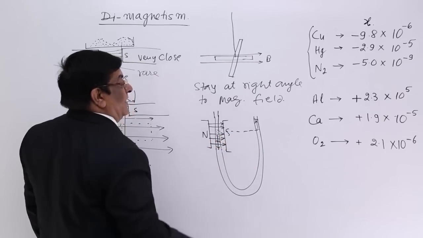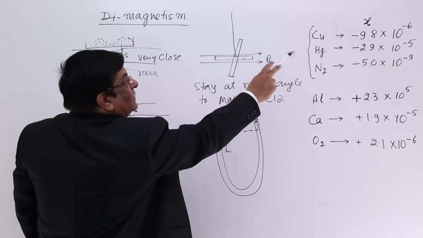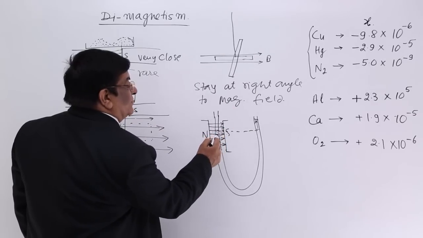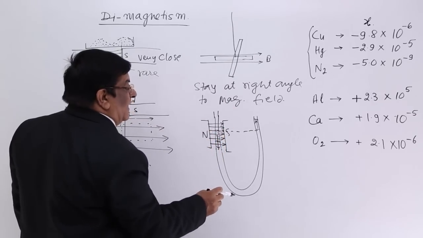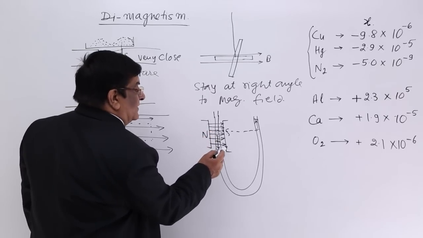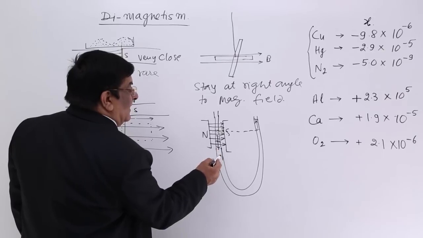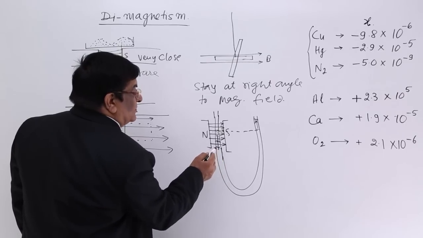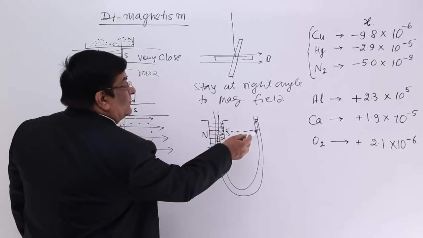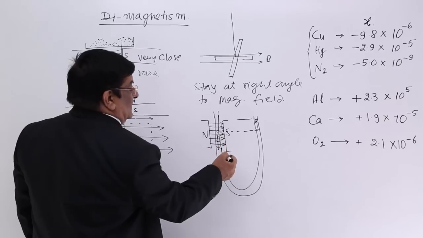This was the earlier level. Why has it happened? Because mercury is a diamagnetic material. It does not like exposure to the magnetic field. It wants to run away from the magnetic field, to decrease the field it is exposed to. So it wants to go down, therefore it goes up in this direction and we find this level difference.